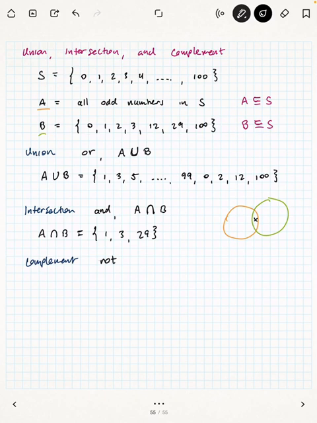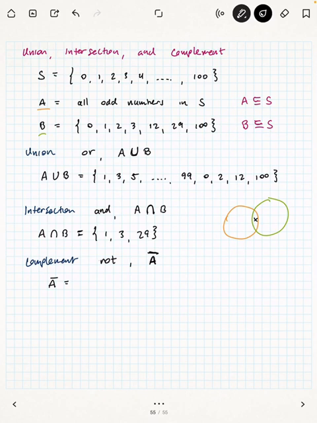So whatever is not in A, we might represent that as A raised to the C. But the notation we're actually going to be using is A bar.